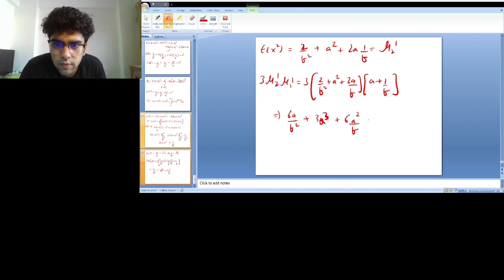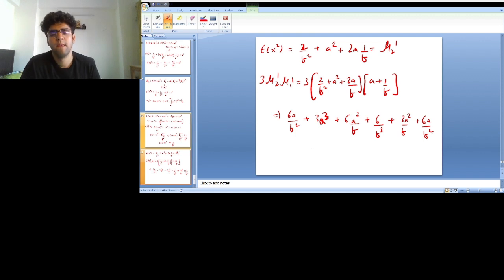Now multiplying all of this by 1 upon b gives me 6 upon b cube, plus 3a square upon b, plus 6a upon b square. Right, so this is our term.